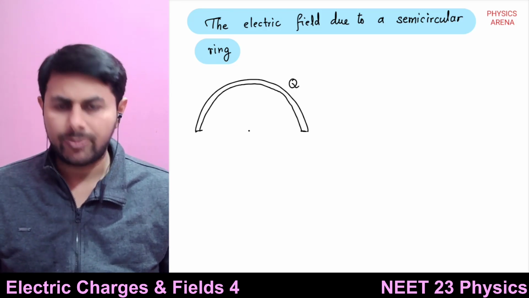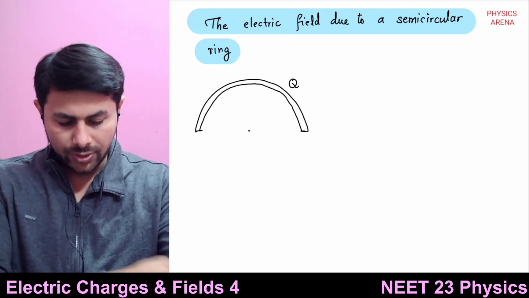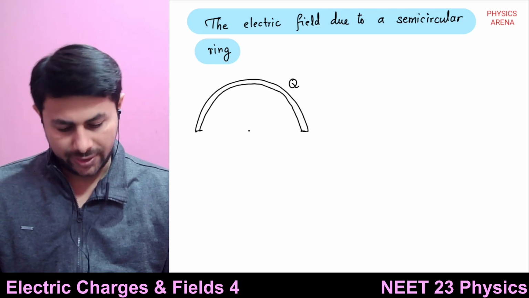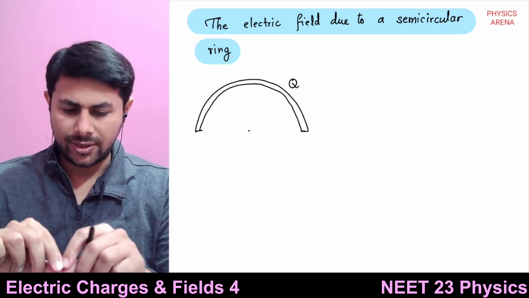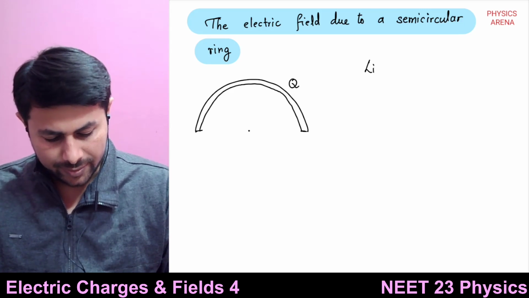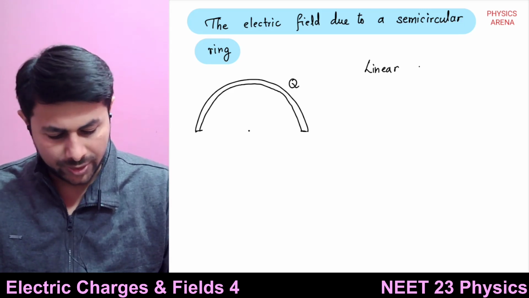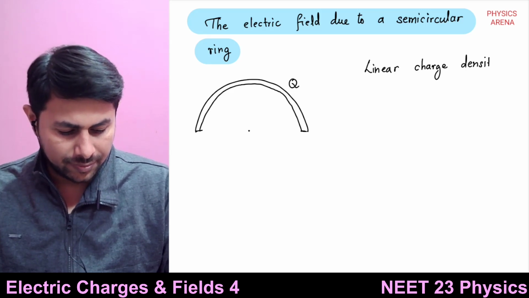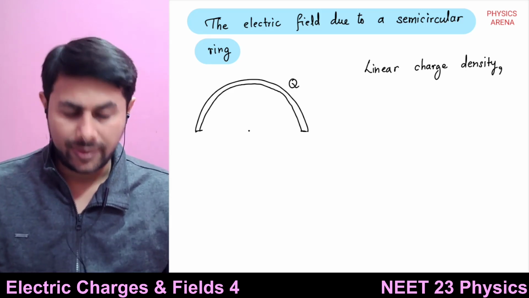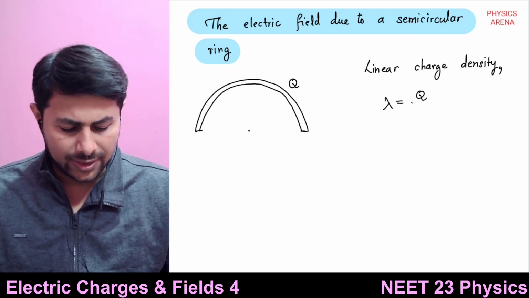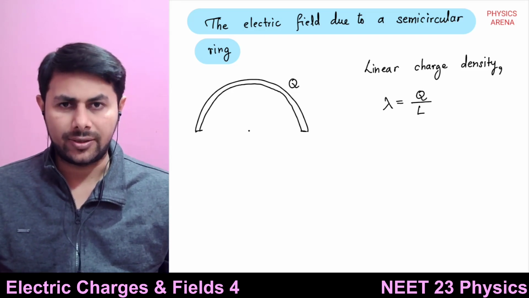So how should we proceed? What we do is define linear charge density, because this is a long body. Lambda is equal to charge divided by length of the ring.